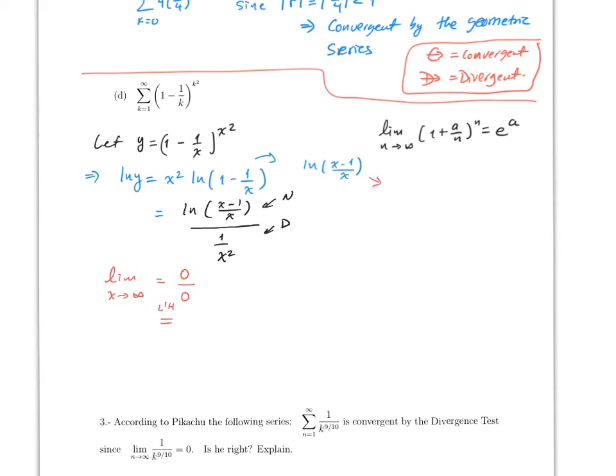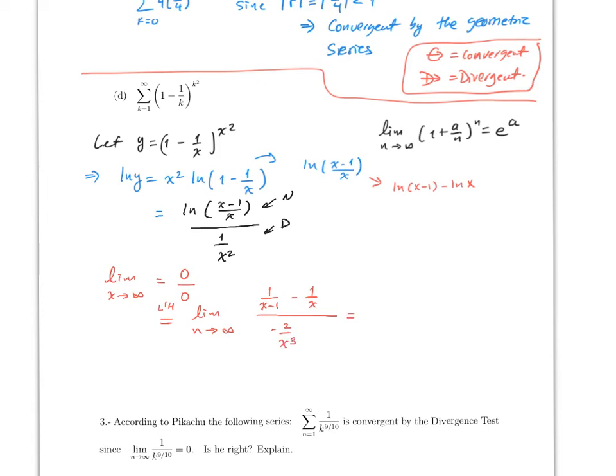Also notice that this is the same thing as ln of x minus 1 minus ln of x. Therefore, this is the limit as x goes to infinity. On the top, this is going to be 1 over x minus 1 minus 1 over x. You take the derivative, and on the bottom is going to be minus 2 over x cubed.